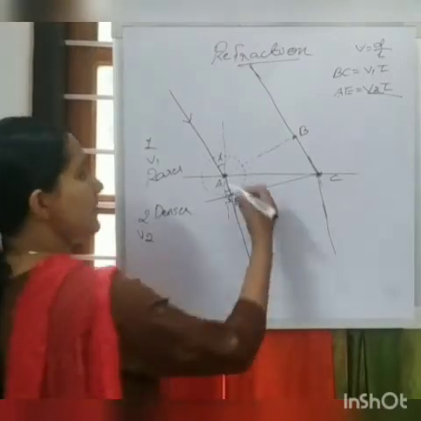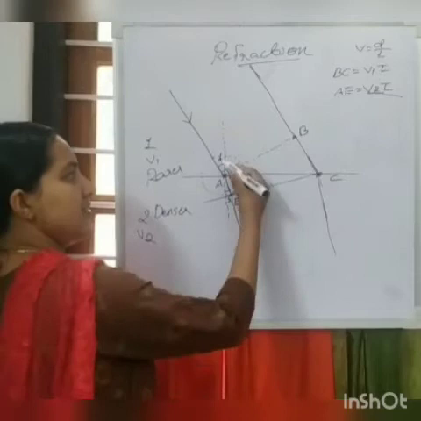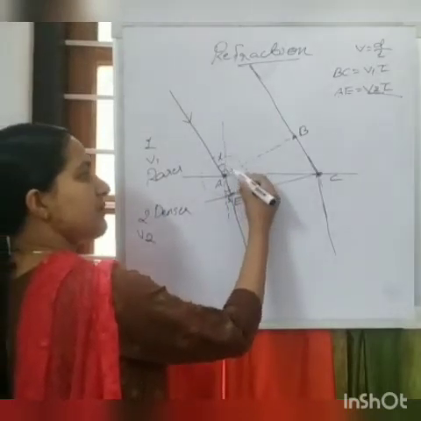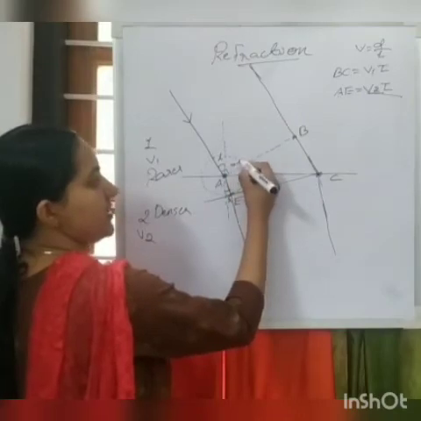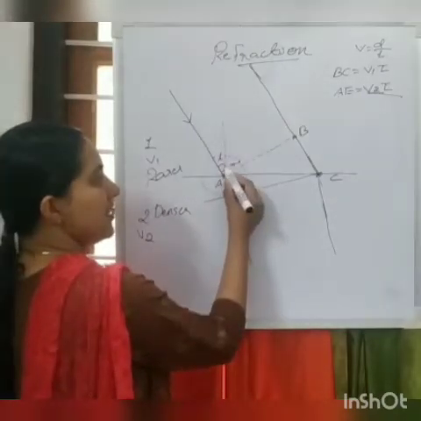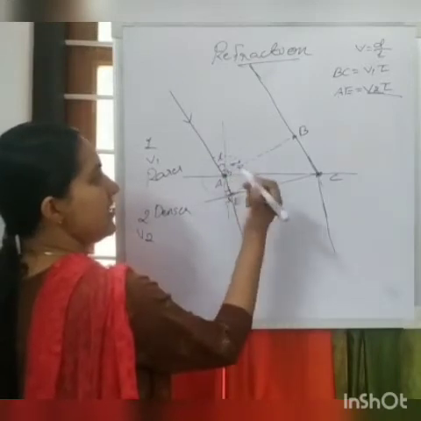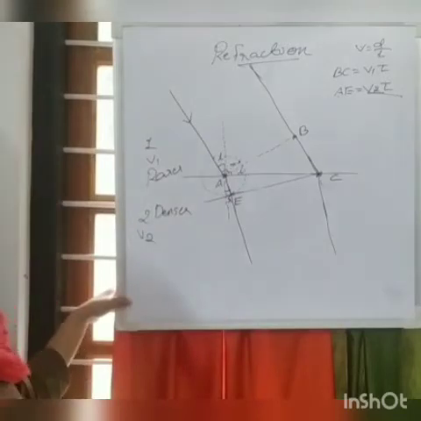Okay. So you see, this total angle is 90 degrees. This is I. So this will be 90 minus I. Okay, this is 90 minus I. This is normal, which means this will be 90 degrees. As it is 90 minus I, this angle will be I.